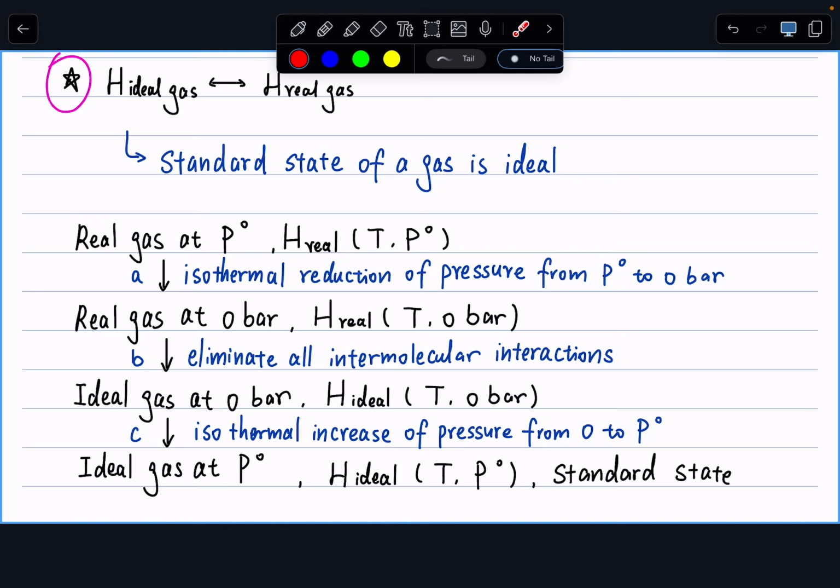As we were saying, when pressure is approaching 0, there's effectively no intermolecular interactions between my gas molecules. So my delta HB is effectively 0, right? Because looking at the physical nature of a real gas at 0 pressure, that's the same as an ideal gas. There's no interaction between your gas molecules. So this one just goes to 0.